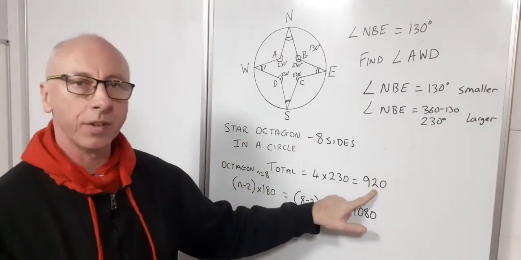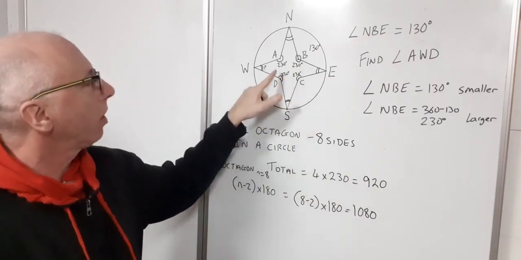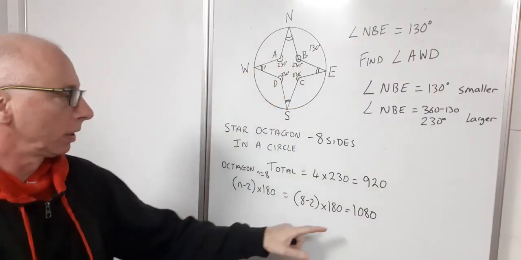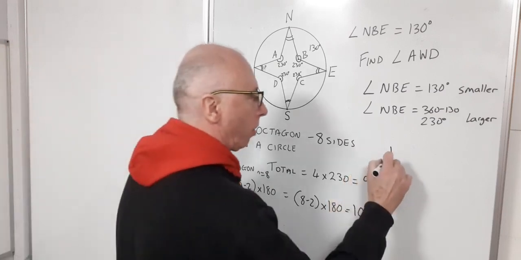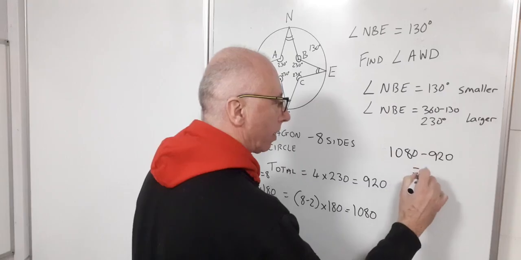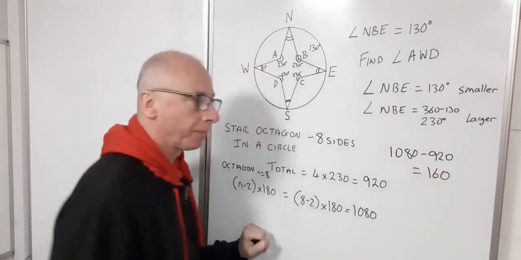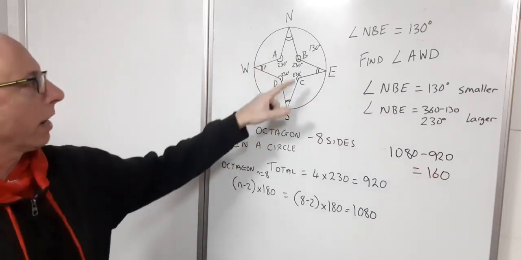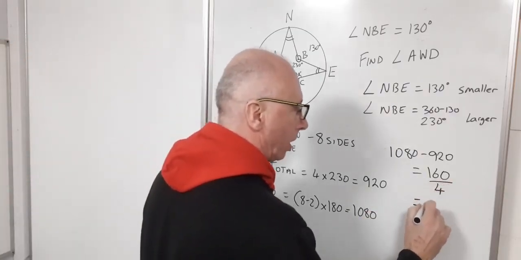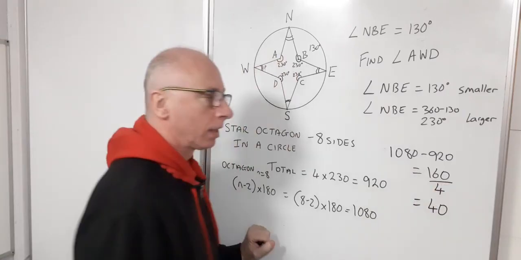Now we could account for 920 so far, but we've got these 4 left, which are all equal. So if I do 1080 minus 920, that gives me 160. Now with 4 angles left that are all the same, if I divide that by 4, I get 40.